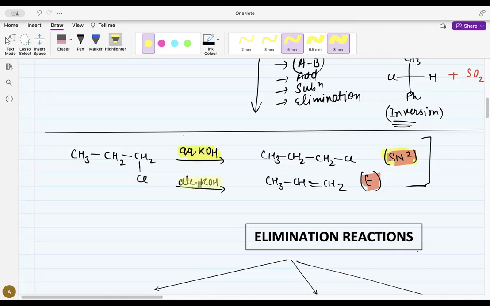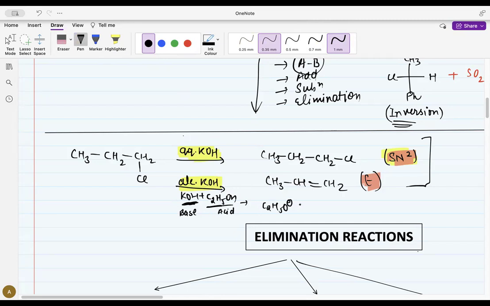And whenever we have alcoholic KOH, meaning along with KOH someone has given you alcohol also, this KOH will act as a base and this alcohol will act as an acid. By this acid-base reaction, C2H5O minus will form, and K positive with it.